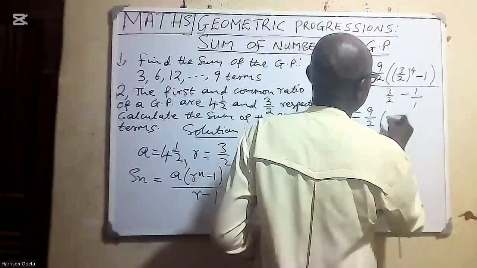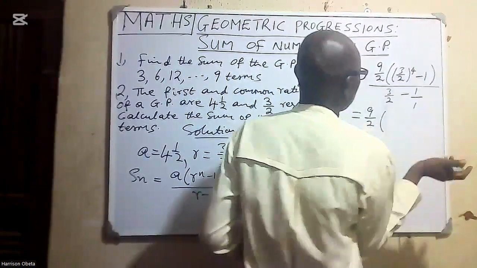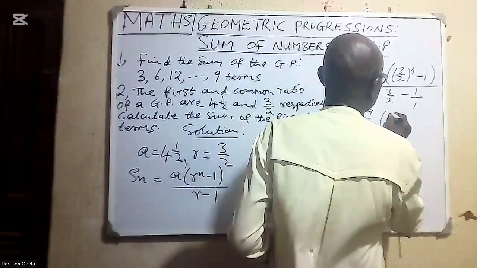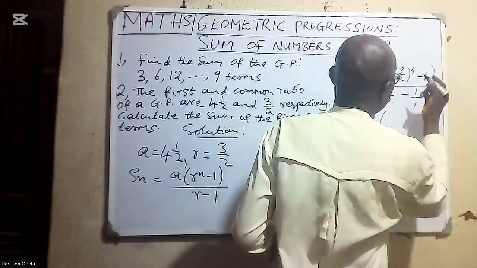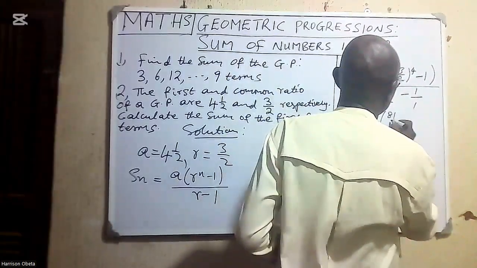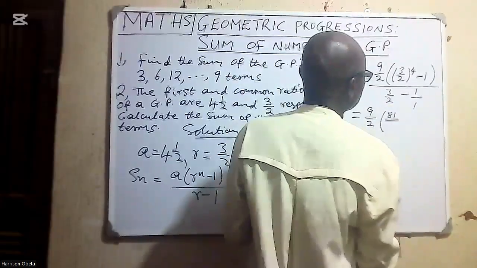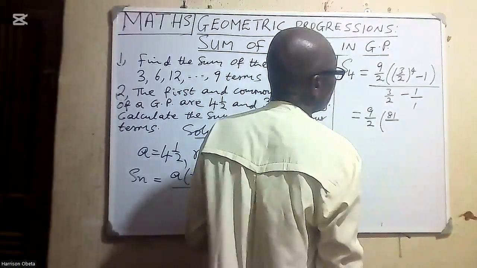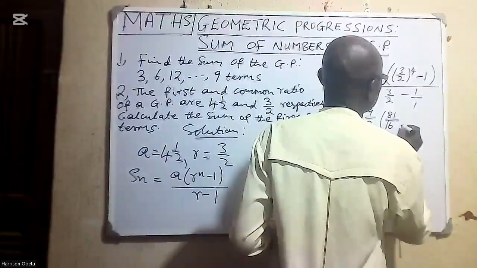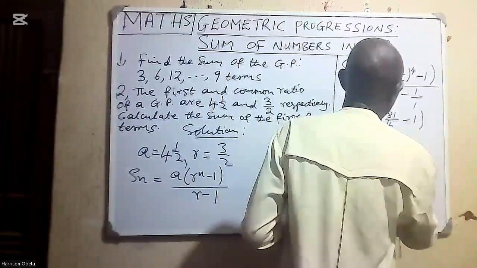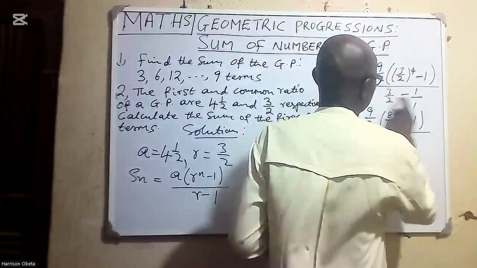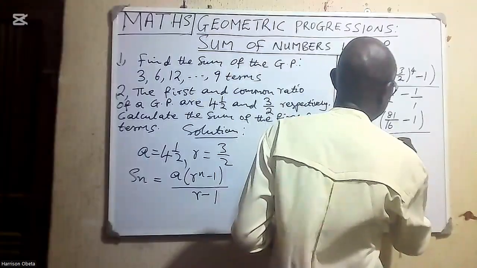So to continue, we have 9/2 brackets. This will give us 3 times 3 times 3 times 3, that should be 81, all over 2 times 2, 4, 8, 16, minus 1 all over. Simplify the lower part.